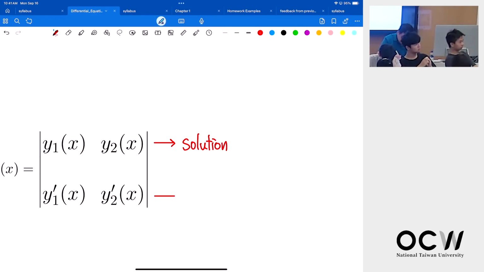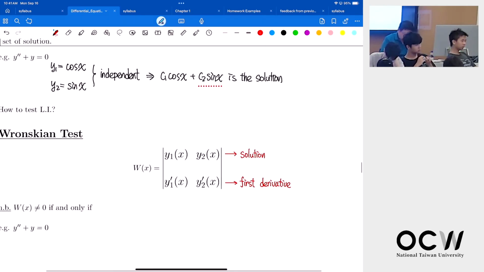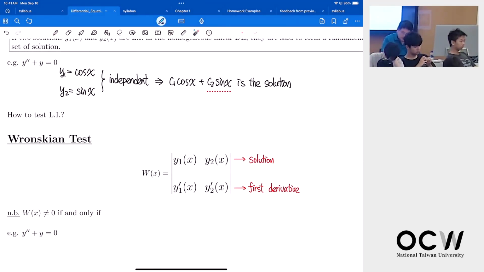The second one is the first derivative. And then since we construct this W, that's called the Wronskian test, if this is not zero if and only if y1 and y2 are linearly independent.